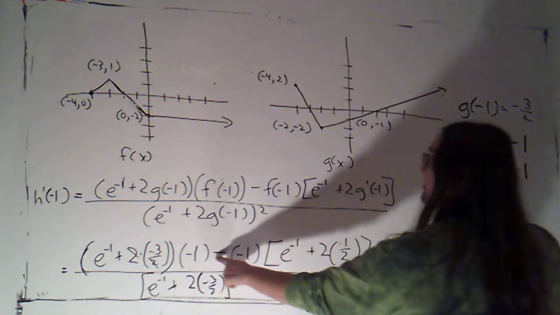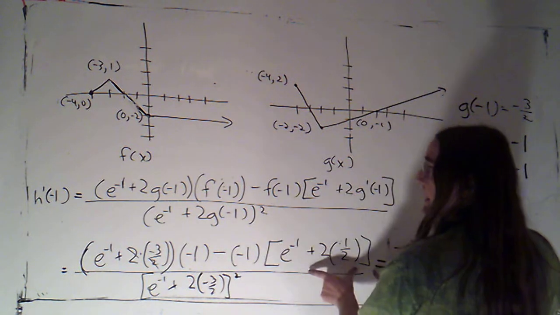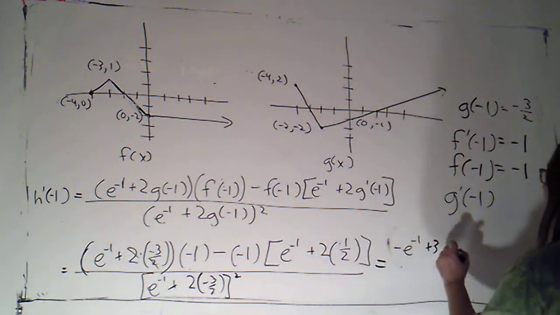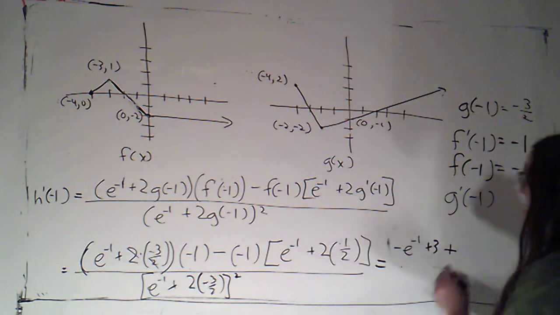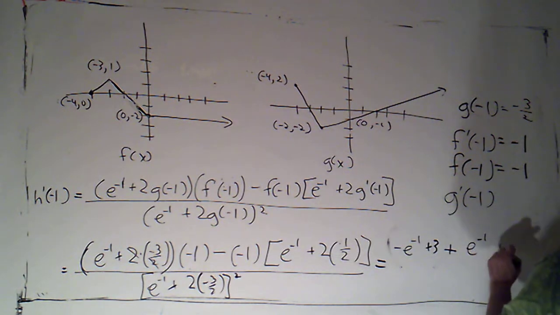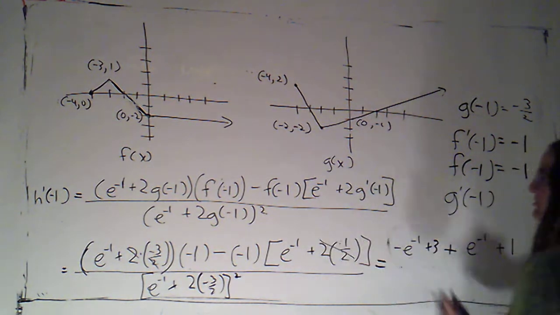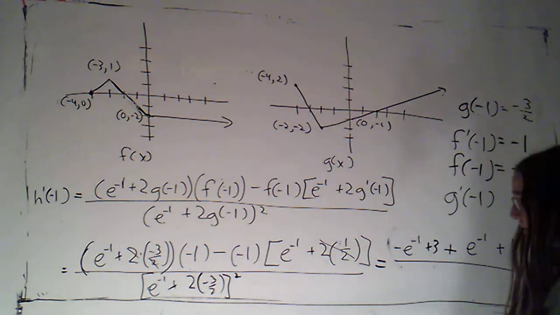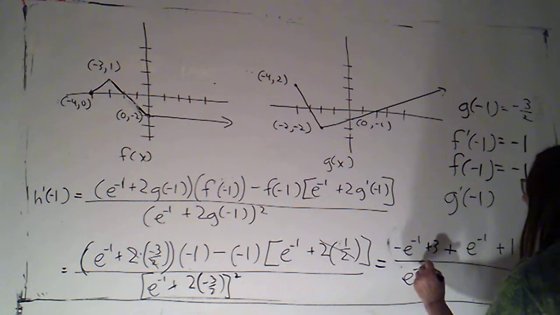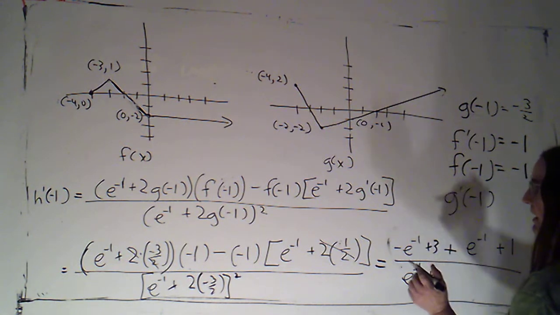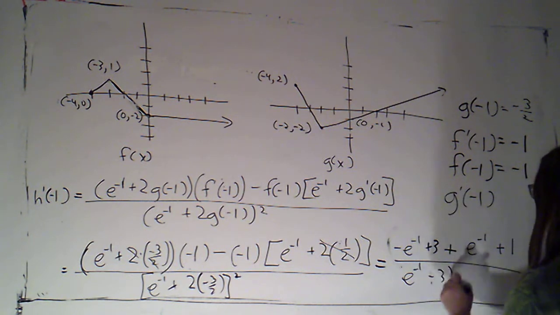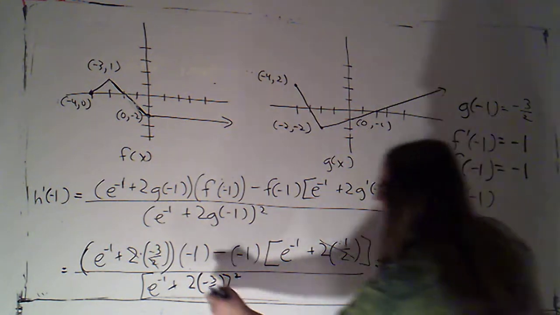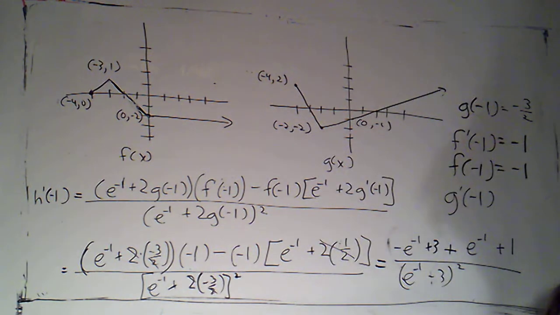Okay. Minus -1 copies of this is just going to be plus this, which is e to the -1 plus 1. Those 2's will also cancel. All over e to the -1 minus 3, squared, because those 2's will cancel.